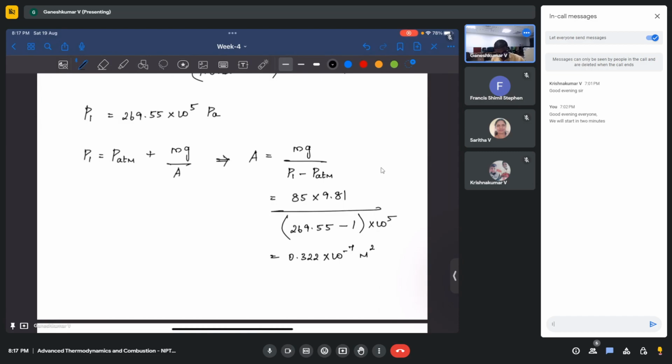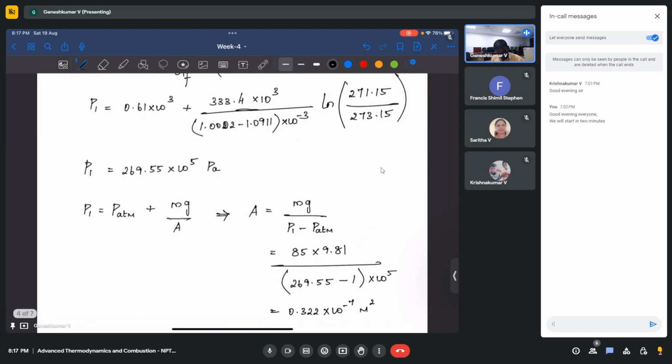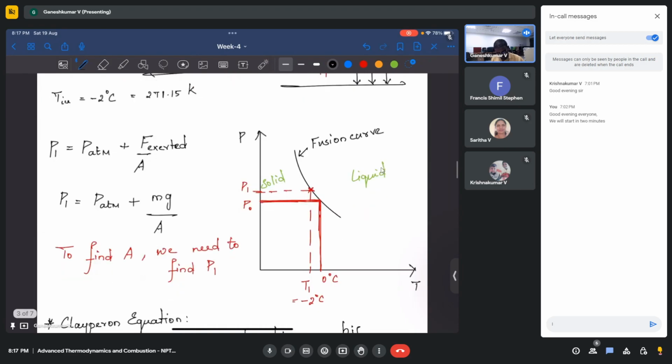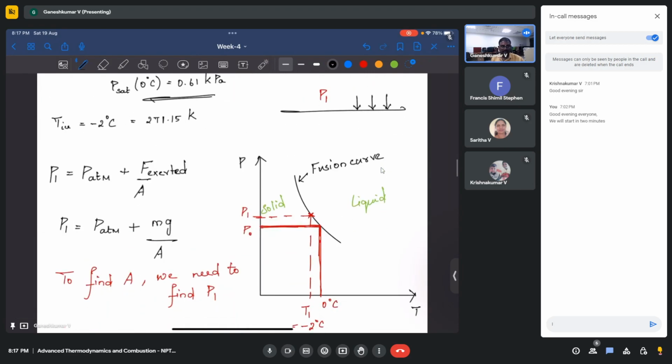When you have this much area, the pressure it exerts on the ice is going to be P1, which is a saturation pressure. But if the 85 kg increases, then P1 increases. If P1 increases, what happens? For this temperature, it will be on the liquid side. So for any small change, it will be on the liquid side, and then the ice will start melting. It is not safe to sit above ice anymore, right?